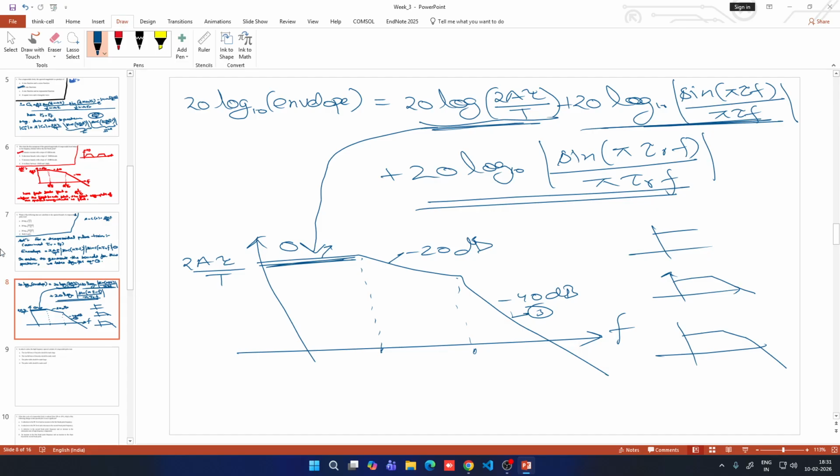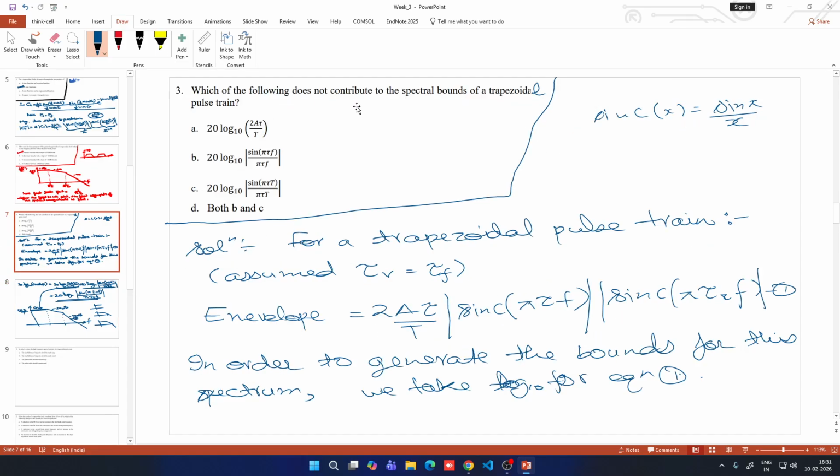But in the problem it is asking which one does not contribute. So if we see the options, 20 log 10 of 2a tau by T contributes, we know that. And 20 log 10 T also contributes. But if you see option C, since we are talking about the spectral bounds, and it is given in this T, it's not correct.